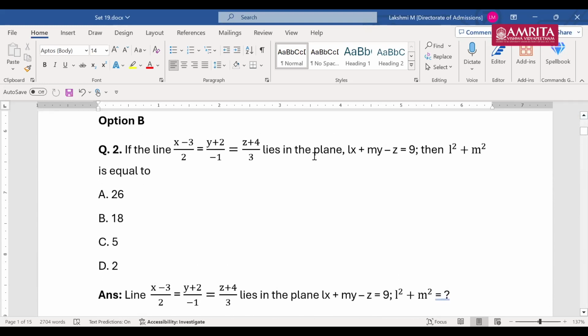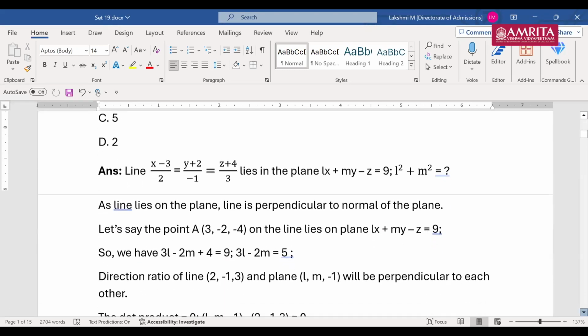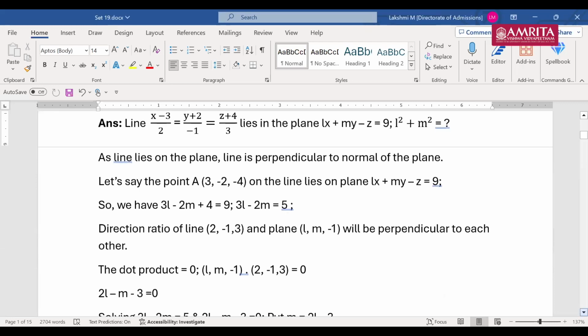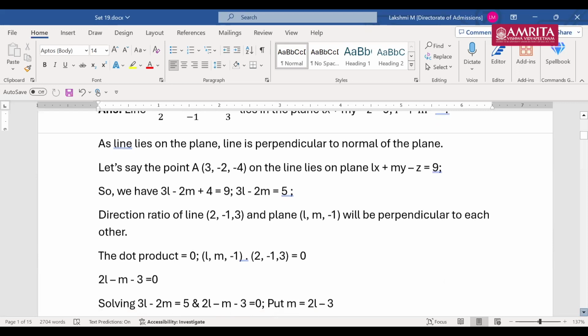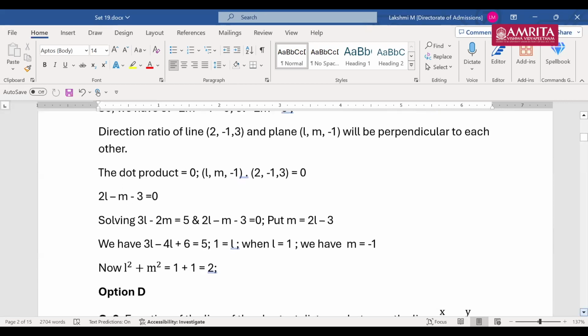The line which lies in the plane is also given. There are two unknowns. You have to find the squares and add both of them. Just go through the explanation here and we'll move to the next one. We got the answer as 2. I hope we can move forward.